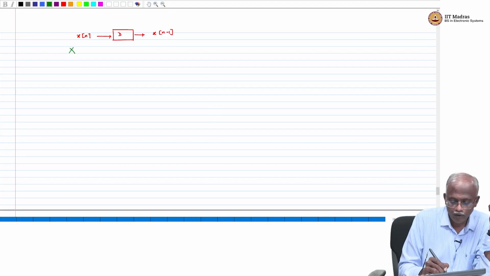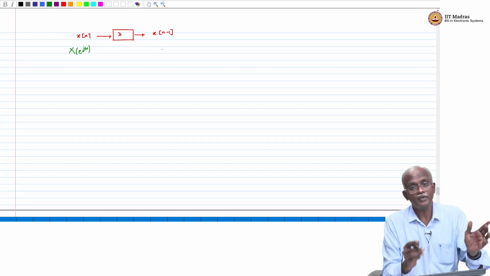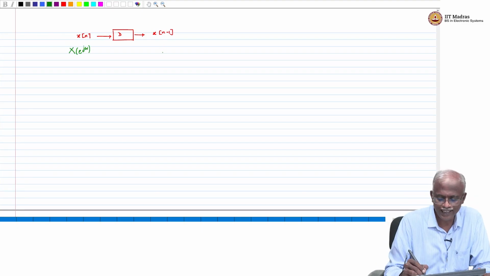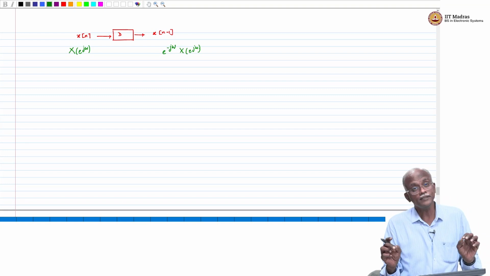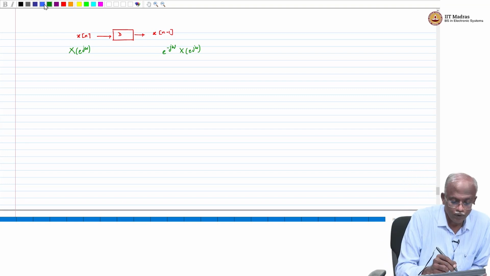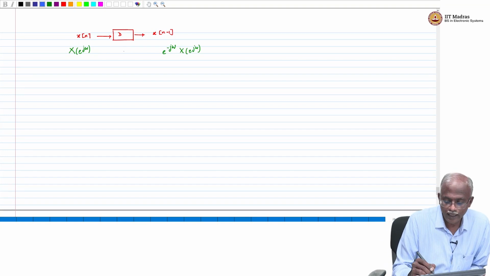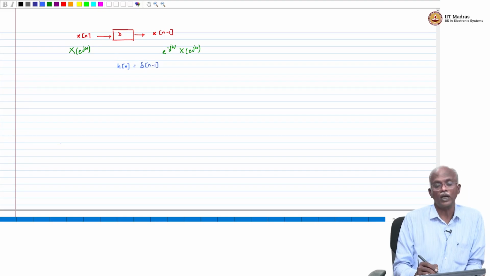We said that this is equal to X e of j omega, and remember we said the time shifted expression is e power minus j omega X e of j omega, correct? Now, if you remember, we had derived the impulse response of a delay. The impulse response of a delay is delta of n minus 1.